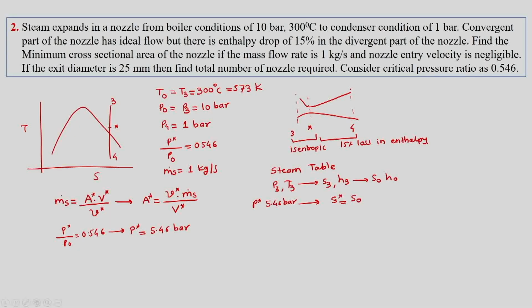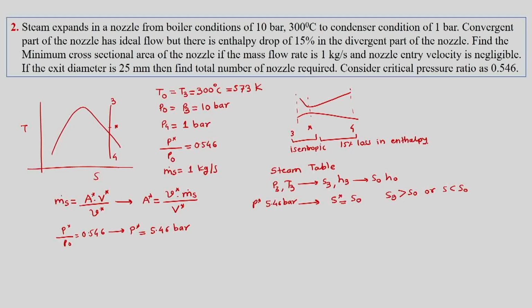Now, I will again see if Sg is greater than S naught or Sg is less than S naught. Accordingly, I will put star above the dome, inside the dome, or outside the dome.